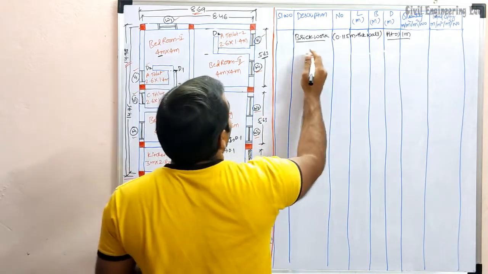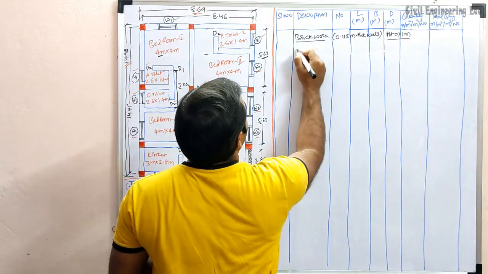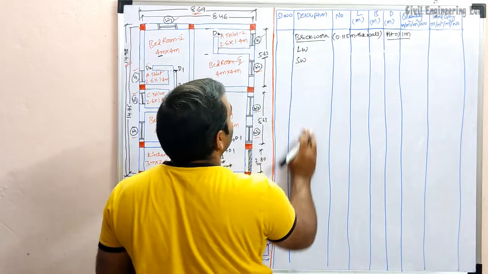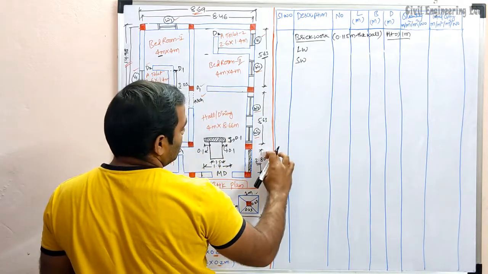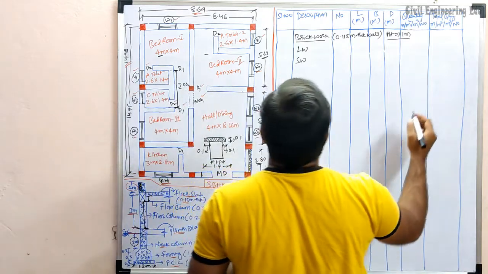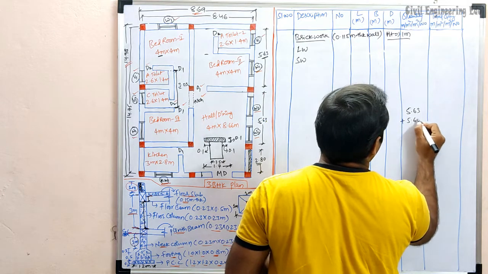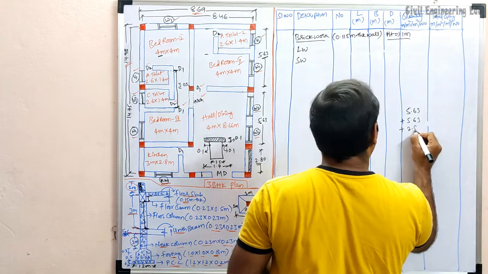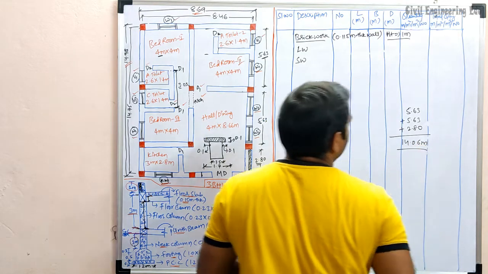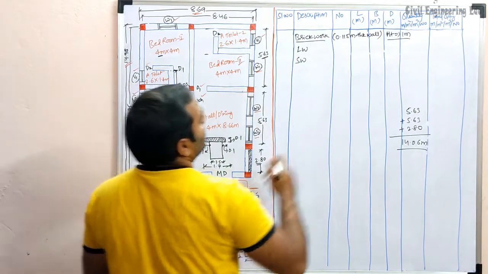So here I will consider longer side and shorter side. So long walls and short walls. In case of long walls, I have to add this one. So how much we will get? 5.63 plus 5.63 plus 2.80, we will get 14.06 meter. So this is the length in one direction, that is longer direction.